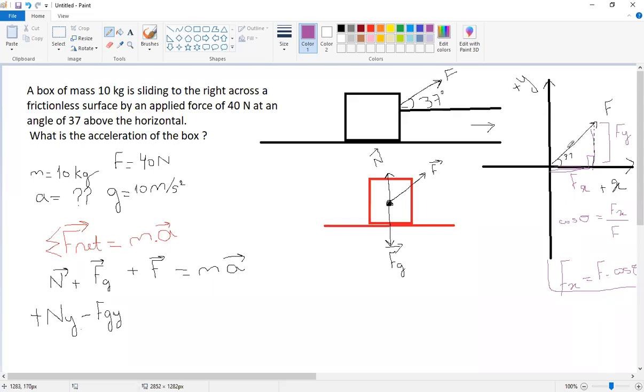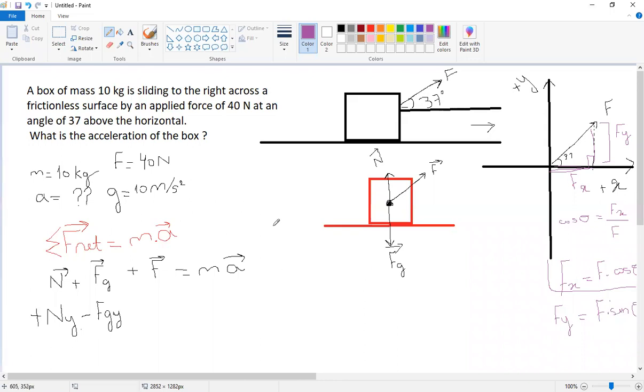So sine theta is opposite over hypotenuse, so Fy is F sine theta, okay? Now we have the components of F.